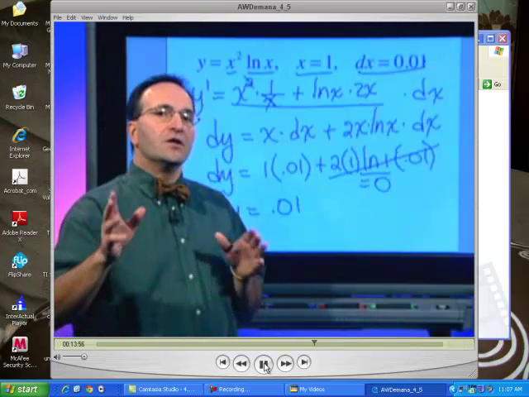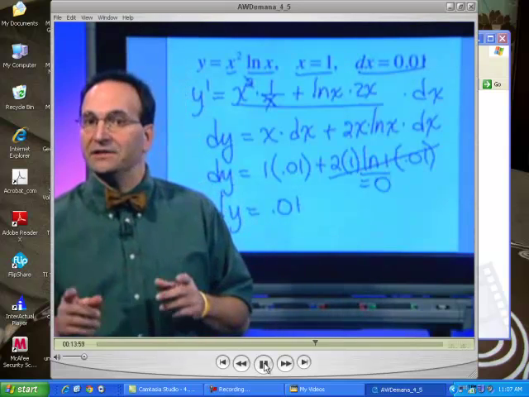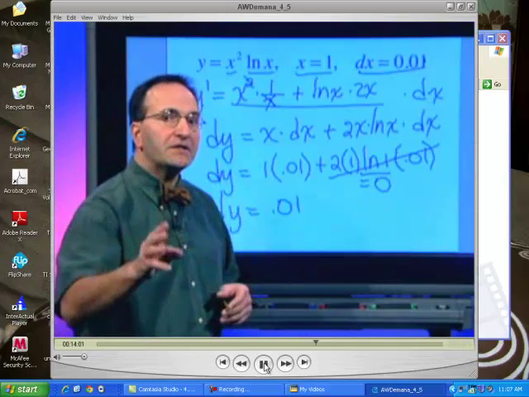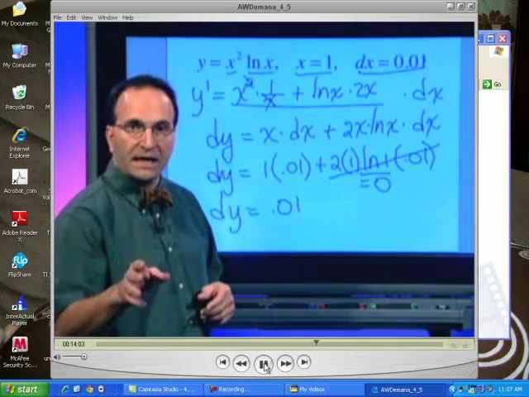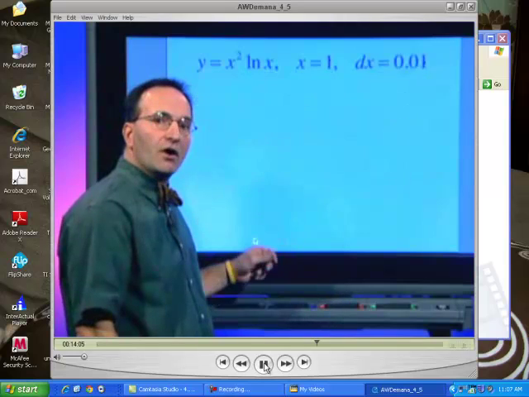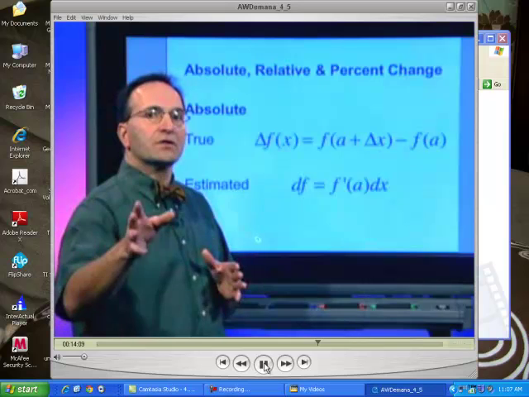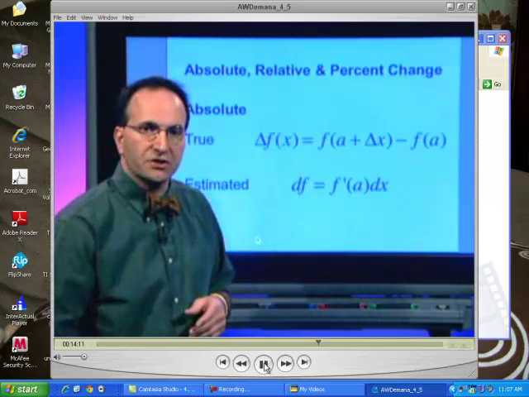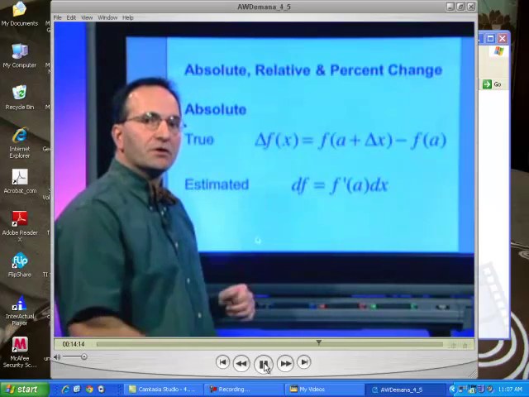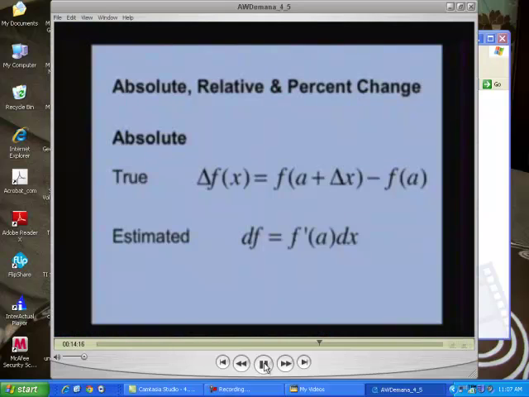We often use differentials to estimate change. There are 3 types of changes that we can find. So let's take a look at each one of them. First of all, they're called absolute, relative, and percent change. Let's look at absolute first. Absolute says that the true amount of change is delta f of x equals f of a plus delta x minus f of a.